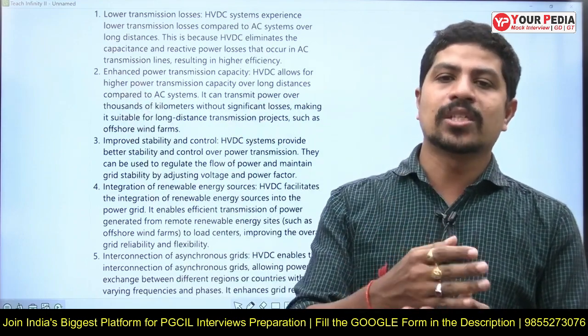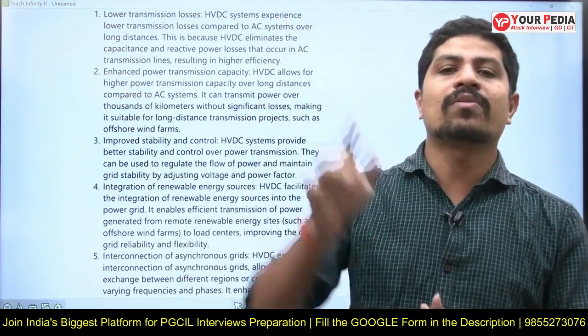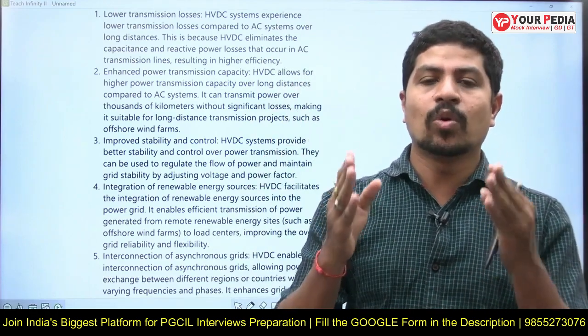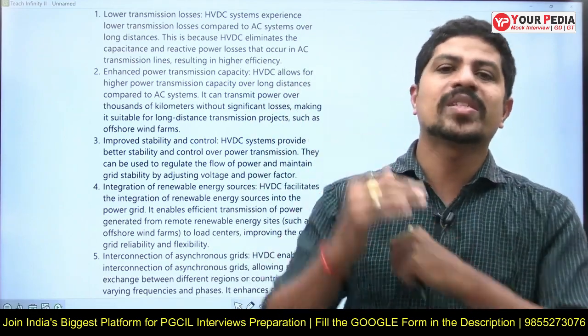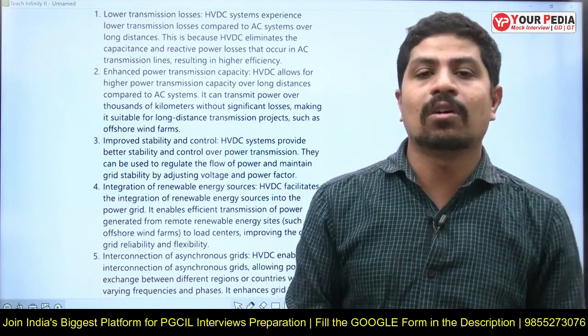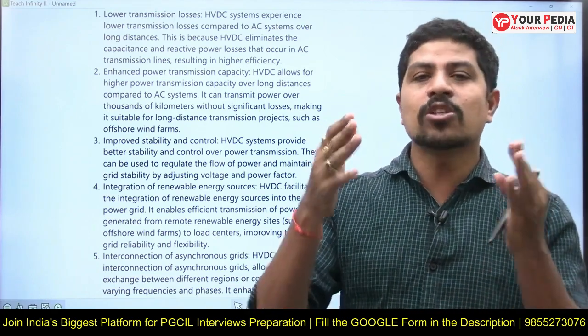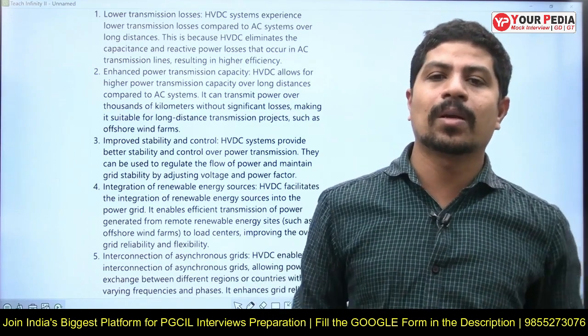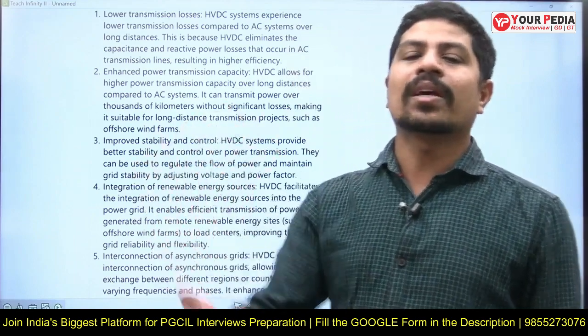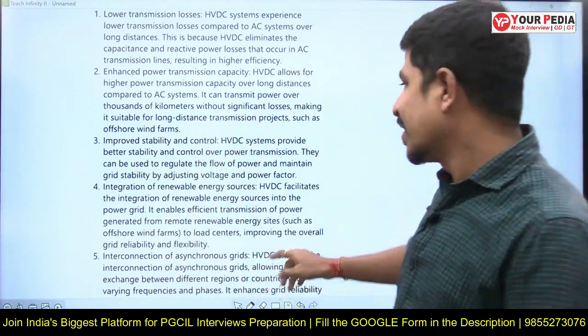We have to convert that AC to DC, and again DC to AC of required frequency. You know, for parallel operation, the voltage, phase sequence and frequency of all incoming machines must be the same. So those many conditions are not there in HVDC.